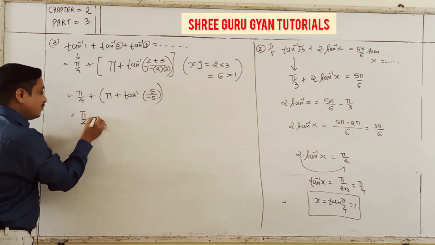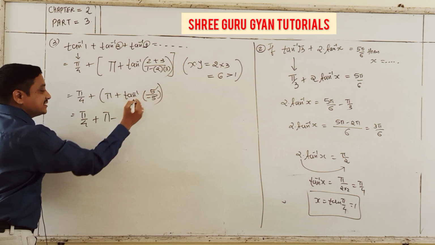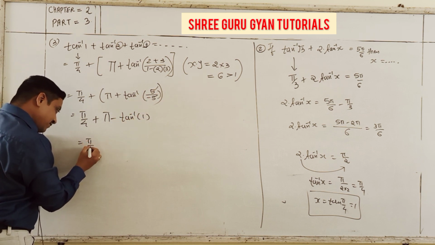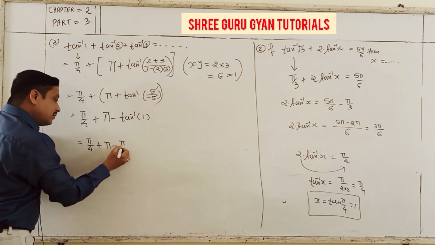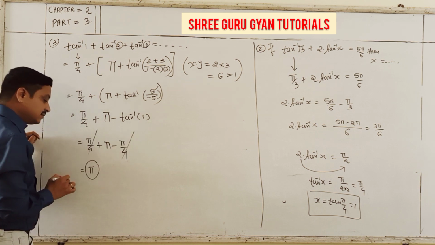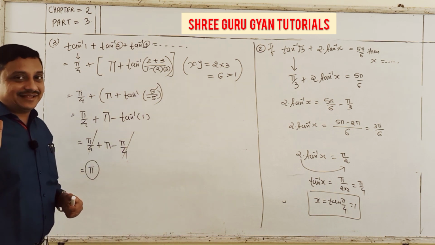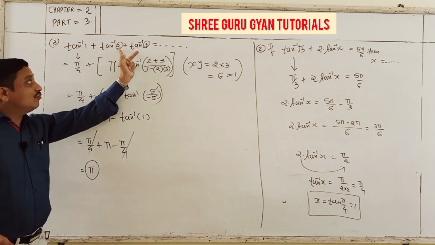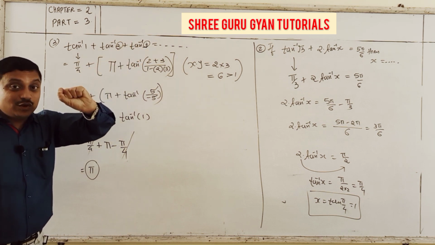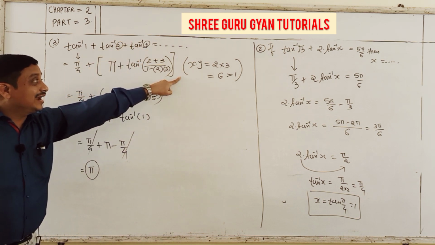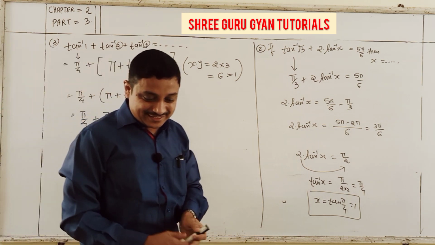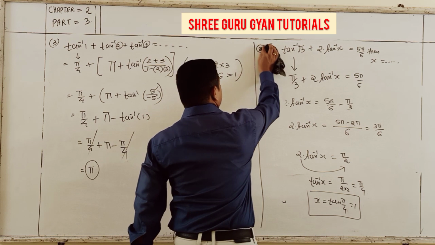So pi by 4, pi plus, tan inverse of minus 1, which is pi by 4 plus pi minus pi by 4. Cutting, my answer is only pi. Again I repeat, whenever the product between two terms is more than 1, you always attach pi plus. Okay, students?